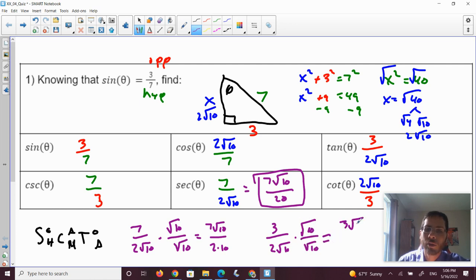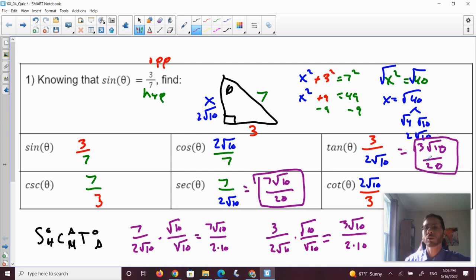So this is going to be 3 square root of 10 on top, 2 times 10 on the bottom. So it'll be 3 square root of 10 over 20. There we go. And so that's what we're going to get for our final result. I can unbox that just because it doesn't look too good with the blue.